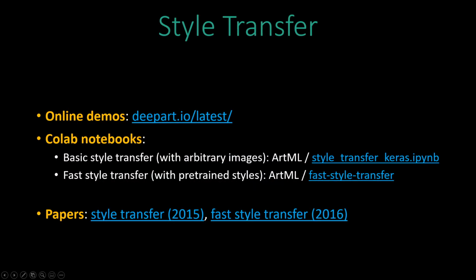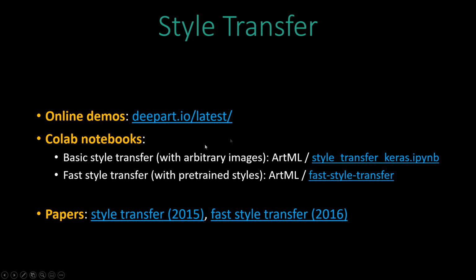So if you are more interested in playing around with this method, I will refer to two Colab notebooks, which are at this moment not on our own Git repo, but on the ArtML repository, which was used with the ArtML class at Carnegie Mellon, and they are also sourced from all over the internet.